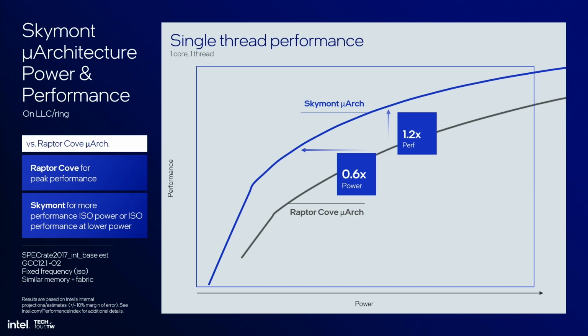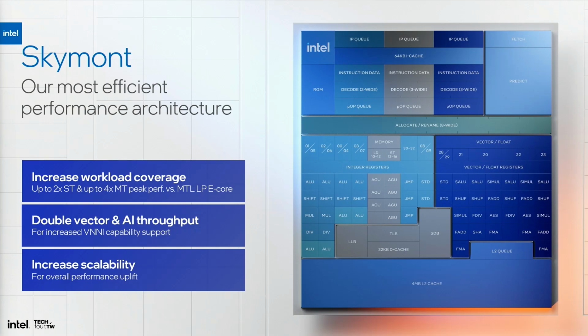This is what you're getting out of SkyMont. This is what we think is key to driving hybrid, to driving PC efficiency, to providing long battery life, and providing a great user experience for Lunar Lake. So these are our goals. More workload coverage, that's the 4x.